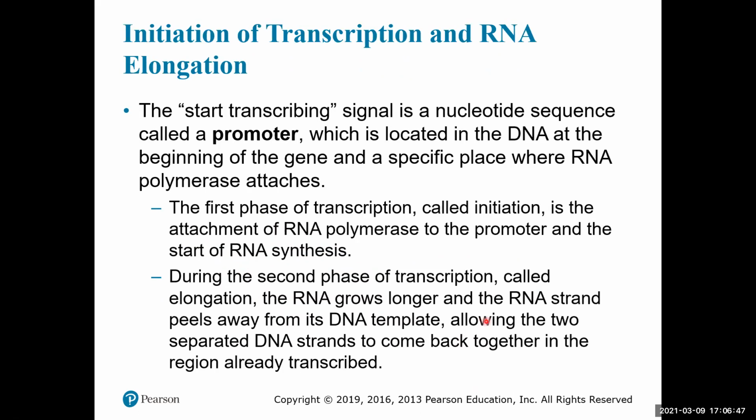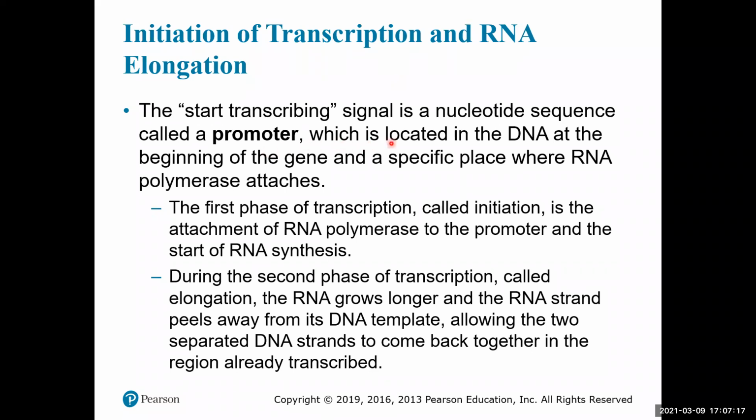Okay. So with transcription, you have initiation, elongation, and termination. So those are the three steps of transcription. So what happens is there's a promoter region at the beginning of the DNA sequence that basically tells the enzymes to start transcribing here.